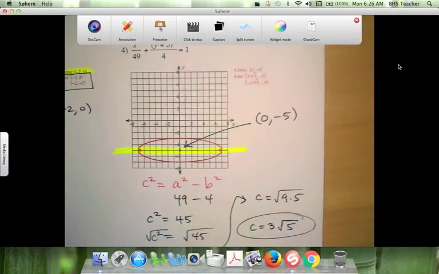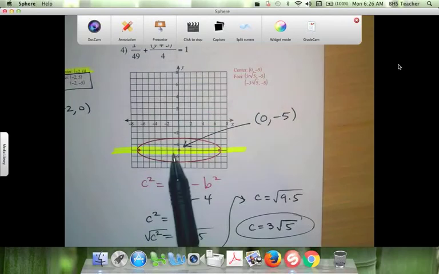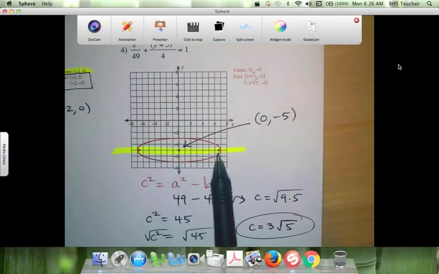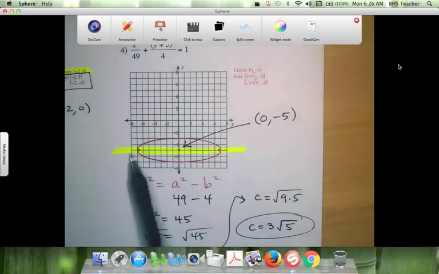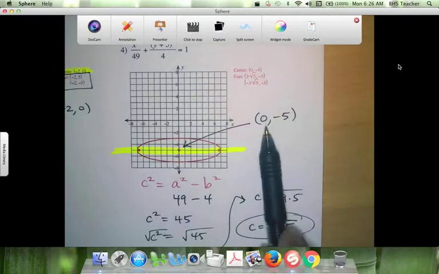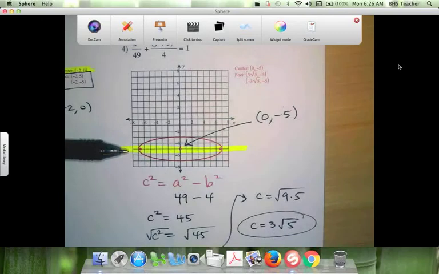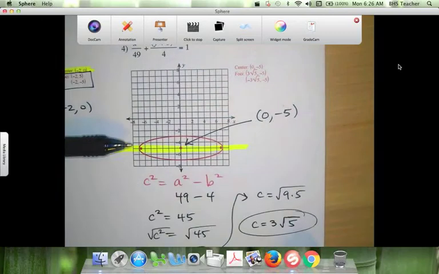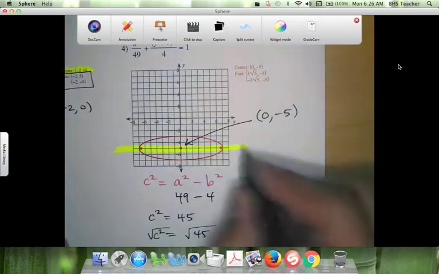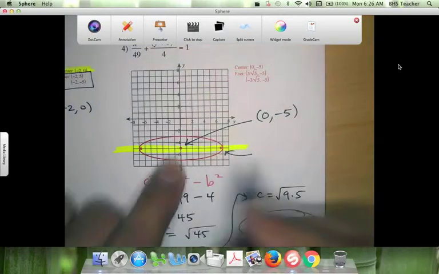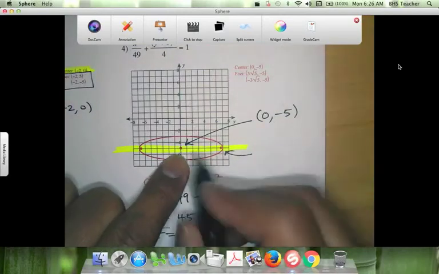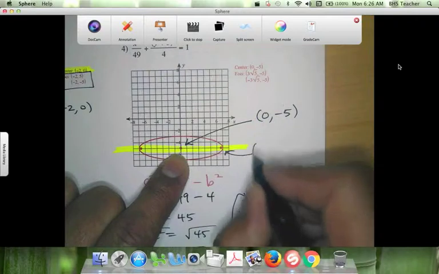One of these coordinates is not going to move. Which one is it? Well, if the center is here and this foci is this much away from it this way, and the other one's this much, obviously we're moving left and right. It's the x-coordinate that's going to move. See, the y stays at negative 5. So for this one, the x-coordinate was 0, but I had to add this much amount.